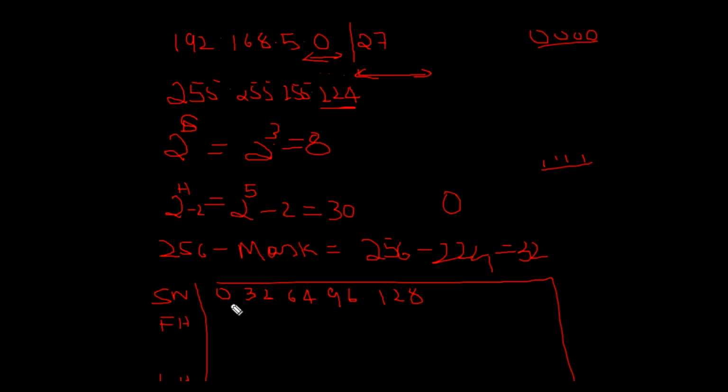So you see here 0, here 32 means here easily you can write 31, here 31 means here 30, first host means 1, here 64 means here you can write 63, here you can write 62, here you can write 33, sorry.